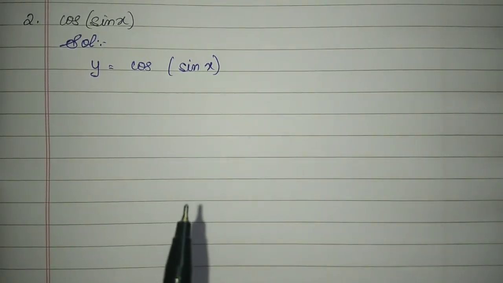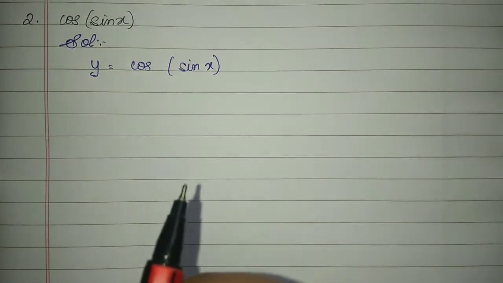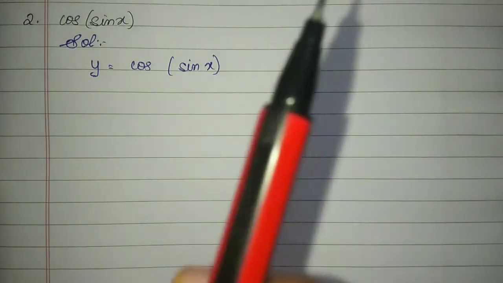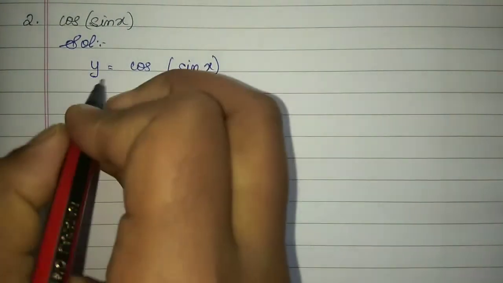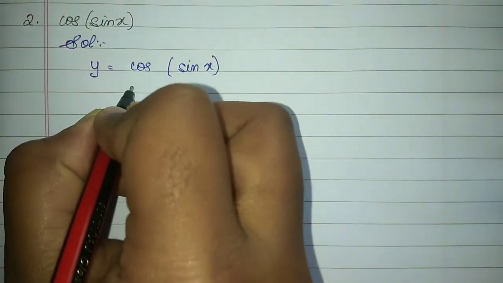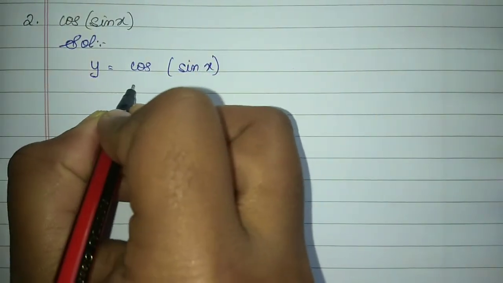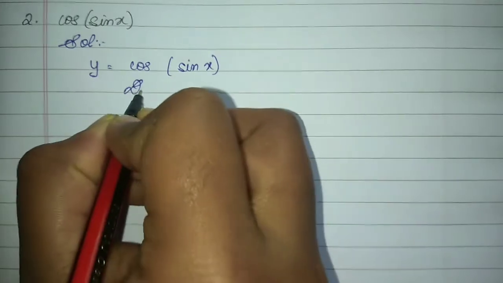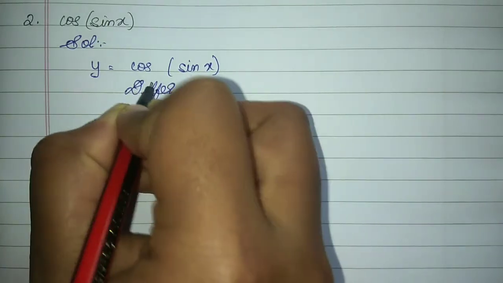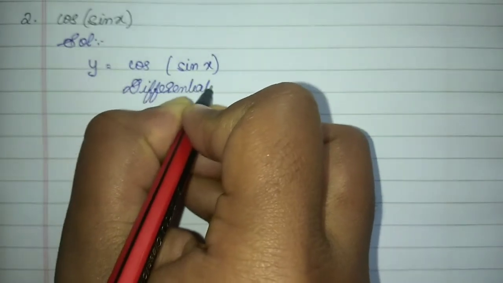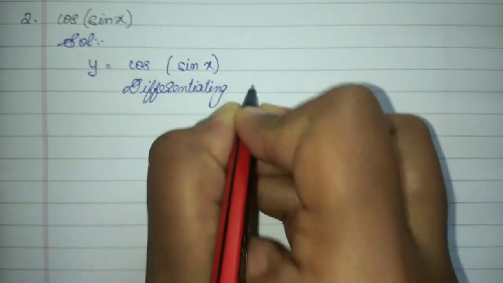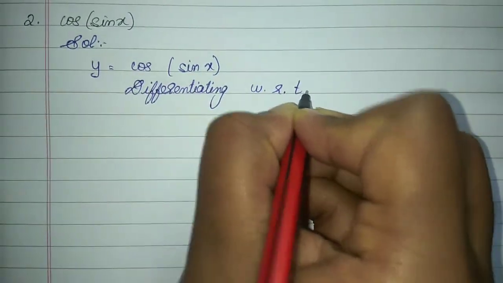One more note: you have to mention one thing which I skipped in question 1. The important thing that should be written here is that we have to say differentiating with respect to x.